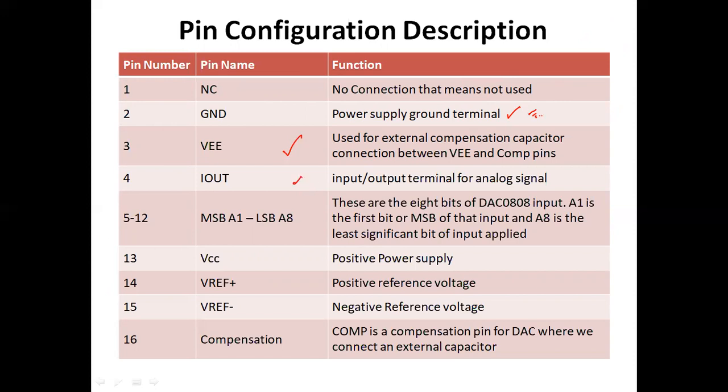IOUT is the output terminal for the analog signal, while A1 to A8 bits are used to give the digital input. Here we give the digital input and collect the output as an analog signal. VCC is the plus 5 volt power supply, then V reference positive and V reference negative, and compensation.